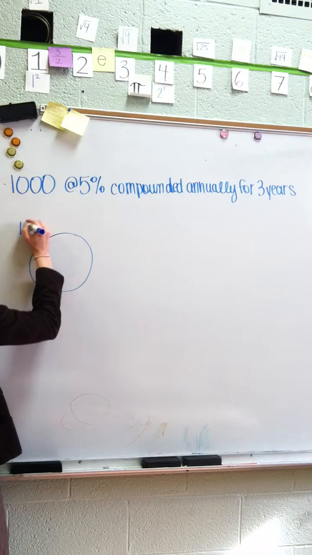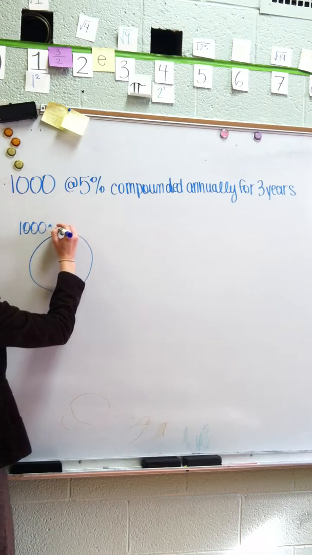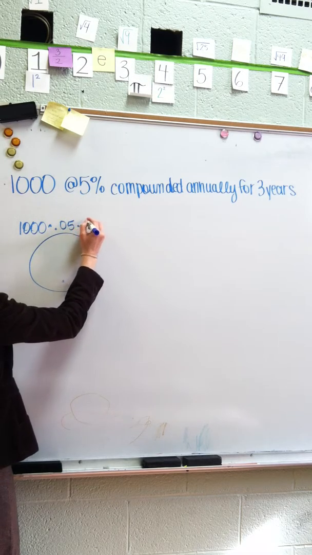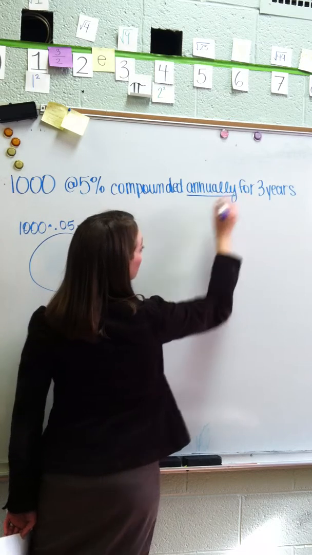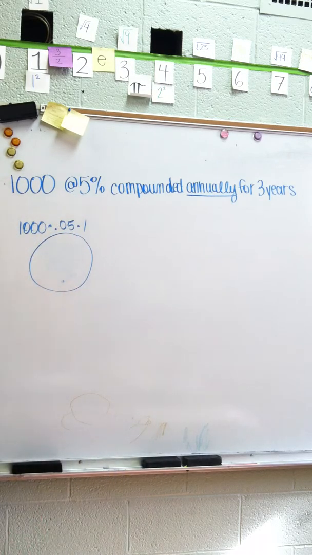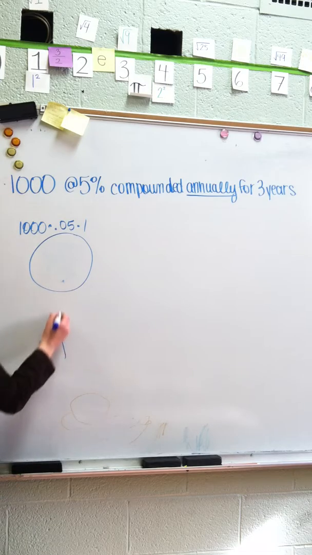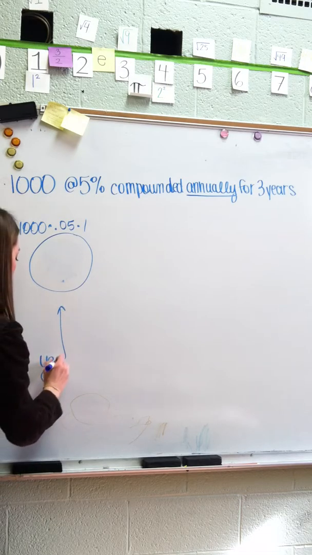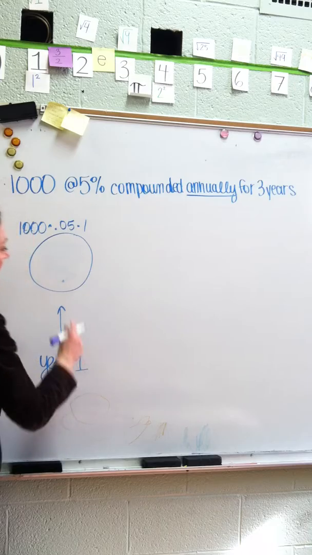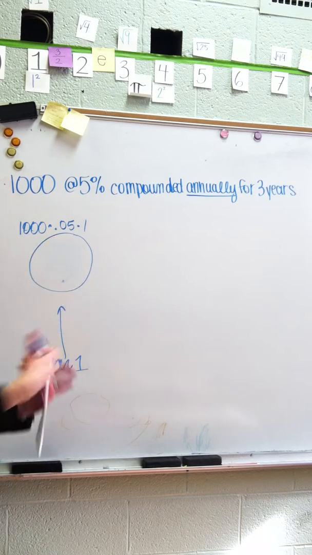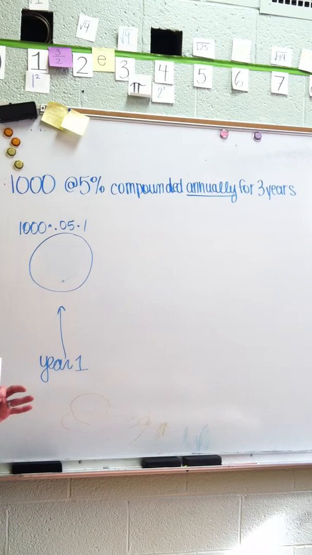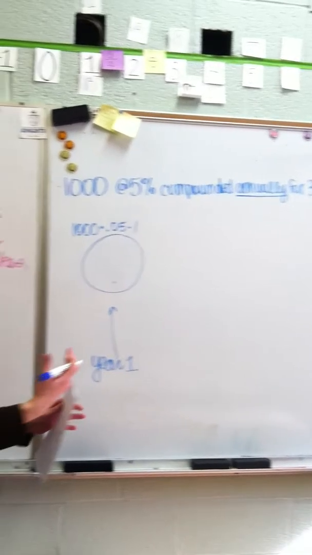I've got 1,000 times 0.05 times 1 year because I have compounded annually. So at the end of each year, my money is going to collect its interest. Does that make sense?